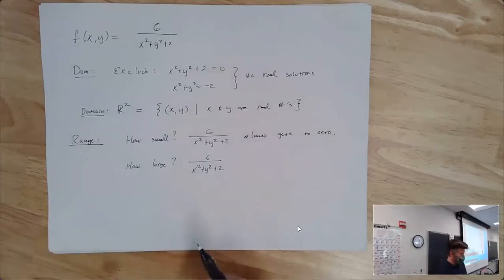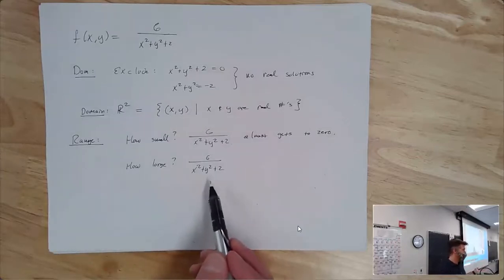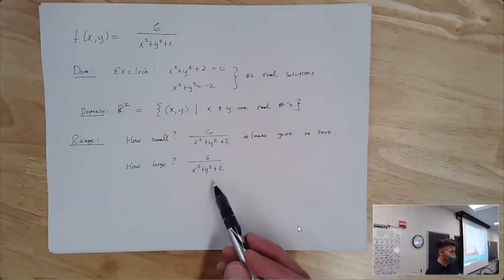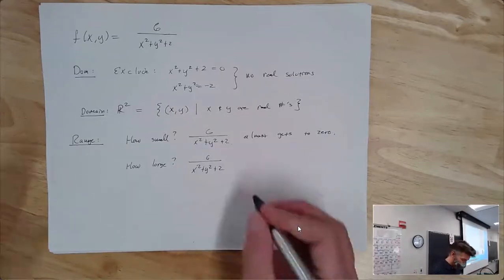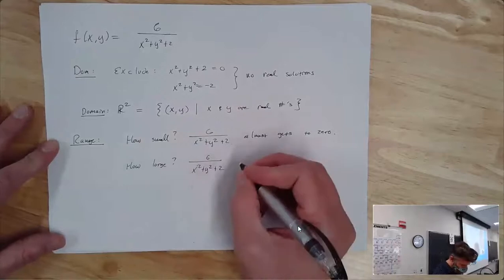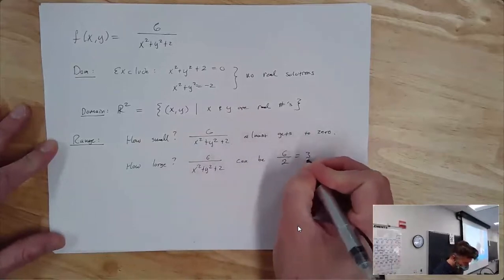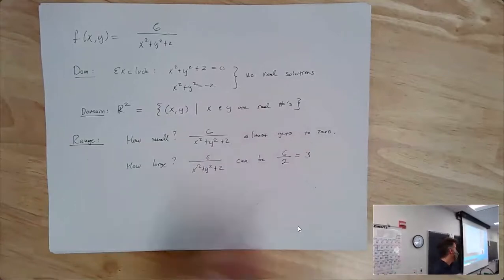Because we make the choice that x is 0 and y is 0. That's the smallest those can be when they're getting squared. So 0 squared plus 0 squared plus 2 is the smallest the denominator can be, which means the biggest the fraction can be is 3.